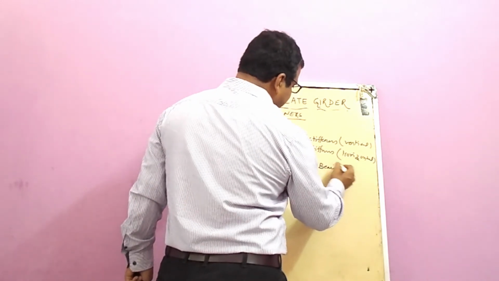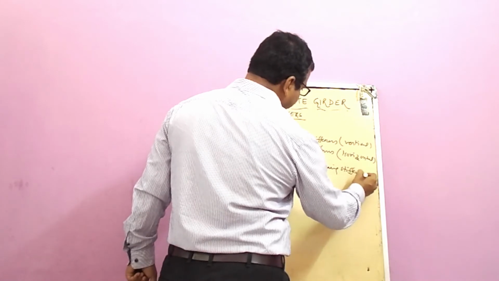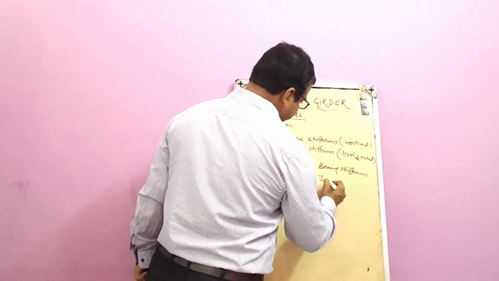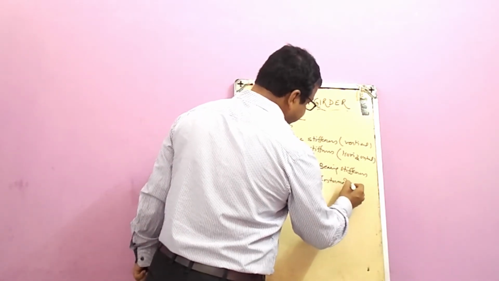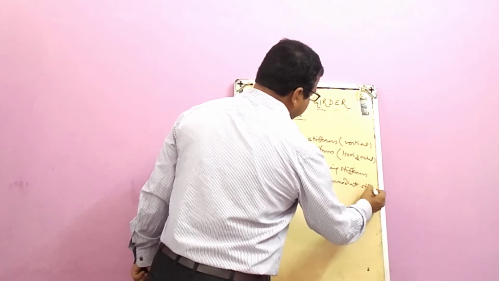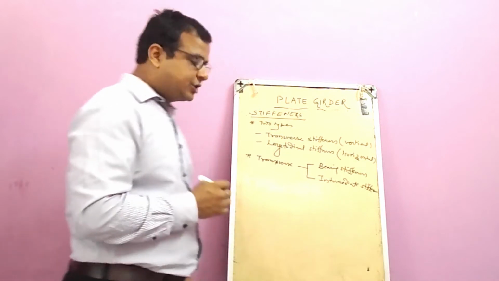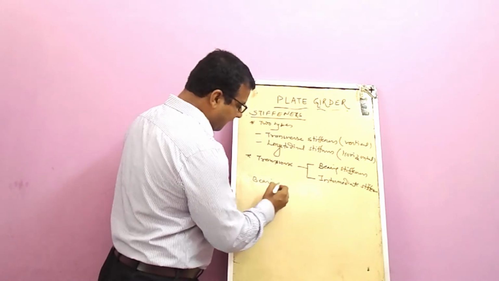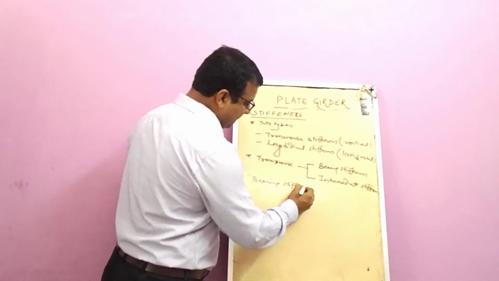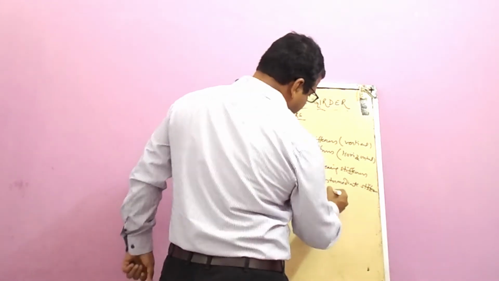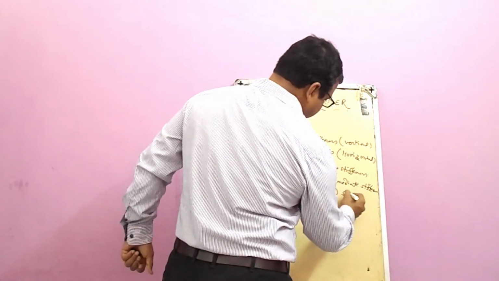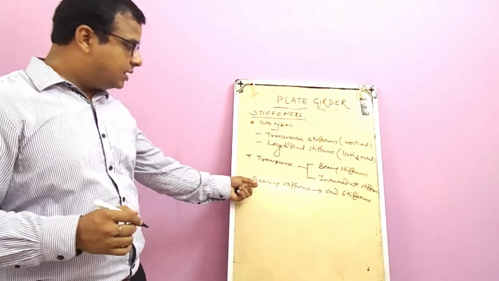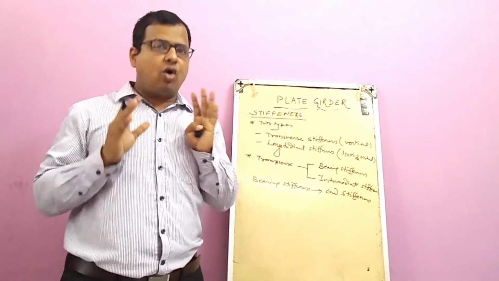First is the bearing stiffeners, another is the intermediate stiffeners. Bearing stiffeners are sometimes called load-carrying stiffeners, because we generally provide these types of stiffeners at the support only.